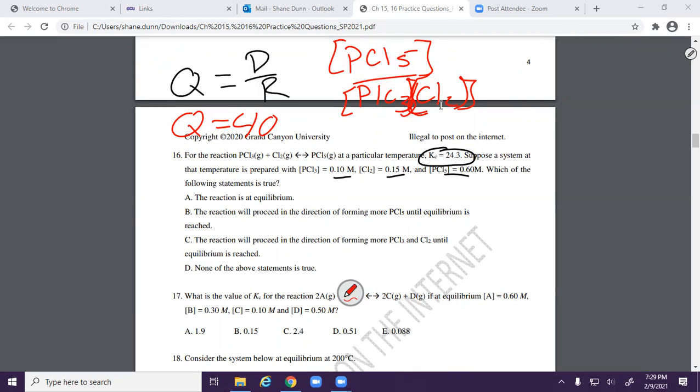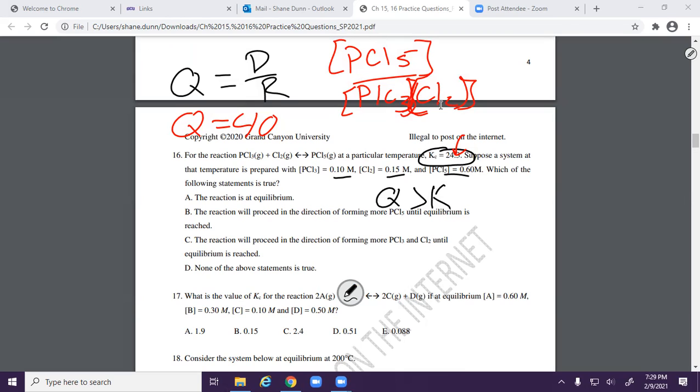Okay. The Kc value is 24. Which one's bigger, Q or K? And what happens when Q is bigger than K? It's going to shift towards the left. You're going to make more reactants to compensate.